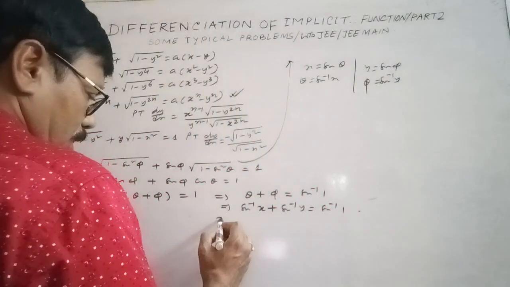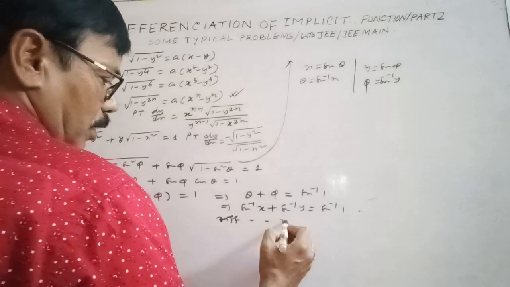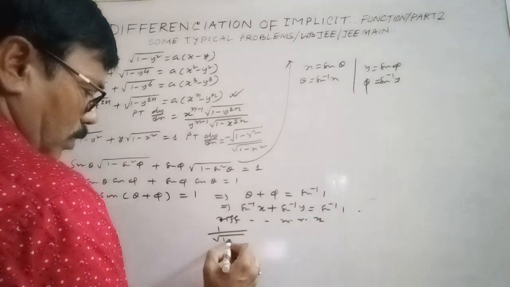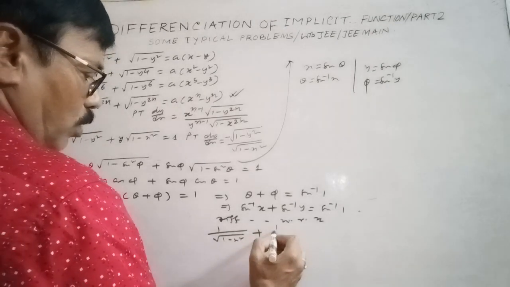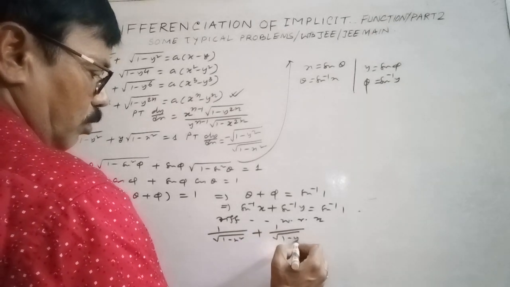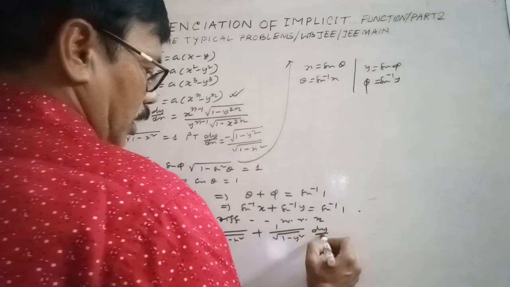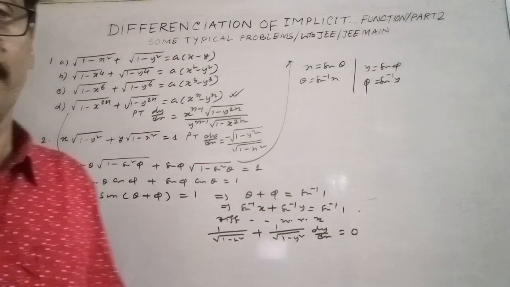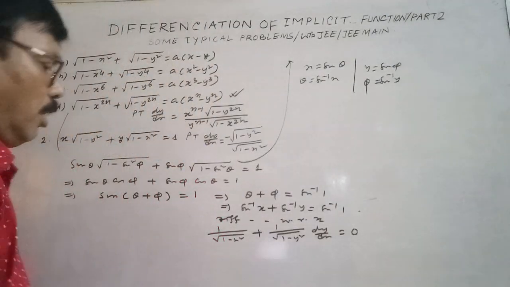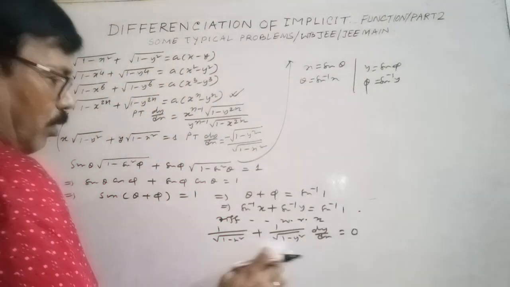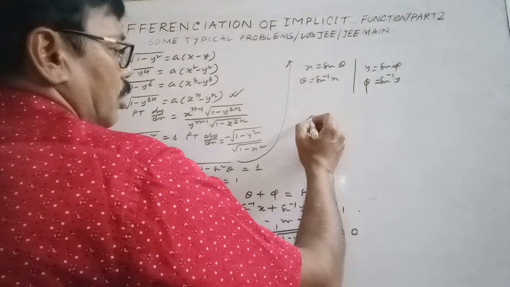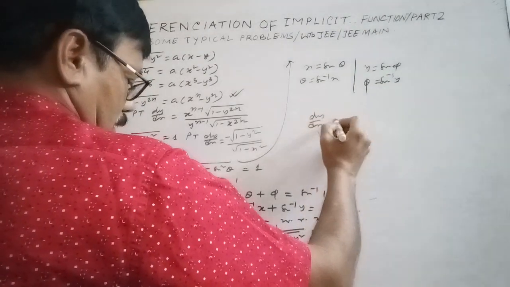So differentiating both sides with respect to x, we get 1 by root under 1 minus x square, plus 1 by root under 1 minus y square into dy dx, equals sin inverse 1, which is 0. So from this you can find the derivative dy by dx.